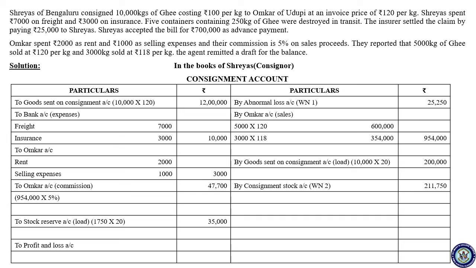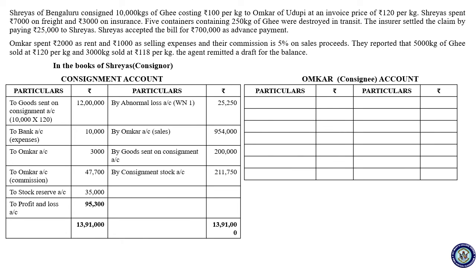The total is 13,91,000 and the difference is 95,300. So if you're done with the consignment account, draw the lines for the consignee account, that is Omkar's account.